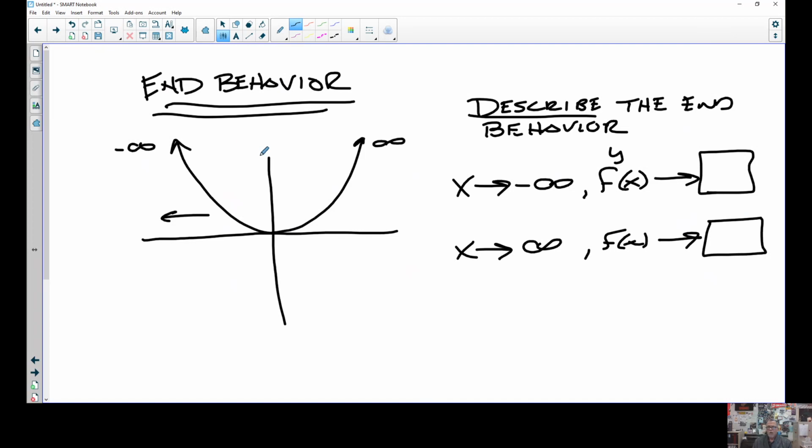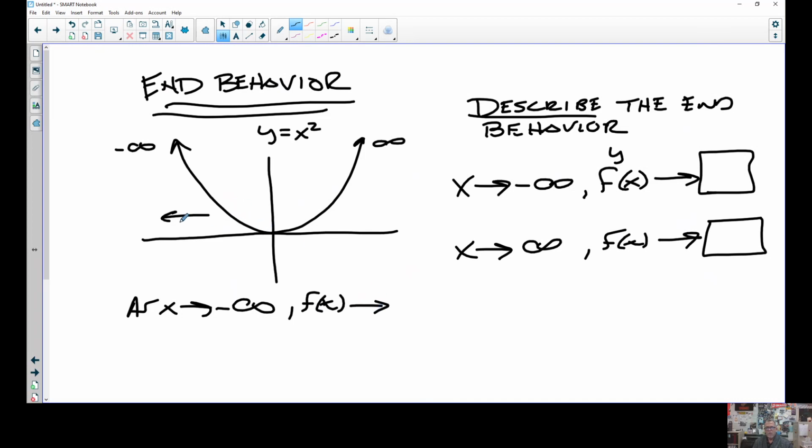All right. So if I look at this graph, this is just y equals x squared, and I want to describe the end behavior of this, I would do it this way. I would say as x approaches negative infinity, just using my script, f of x, or in this case, if I wanted to say y, what does y approach?